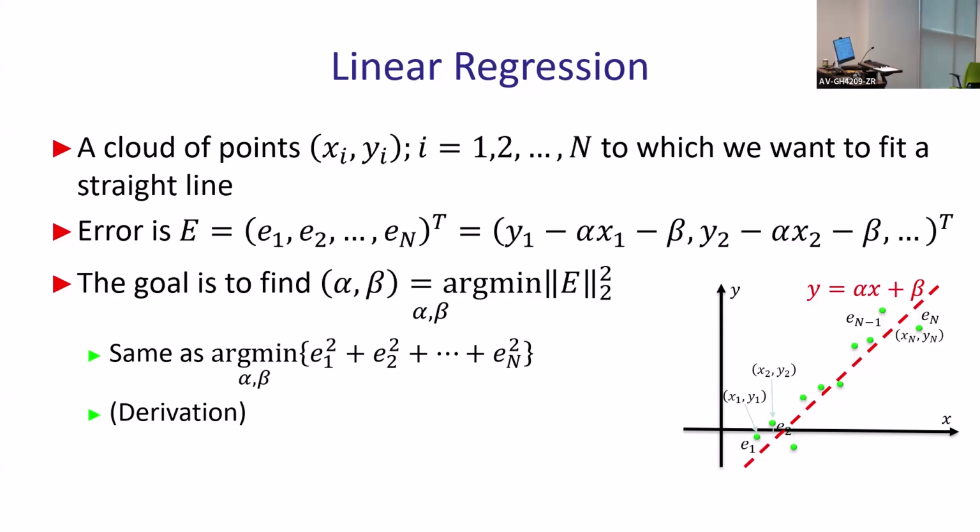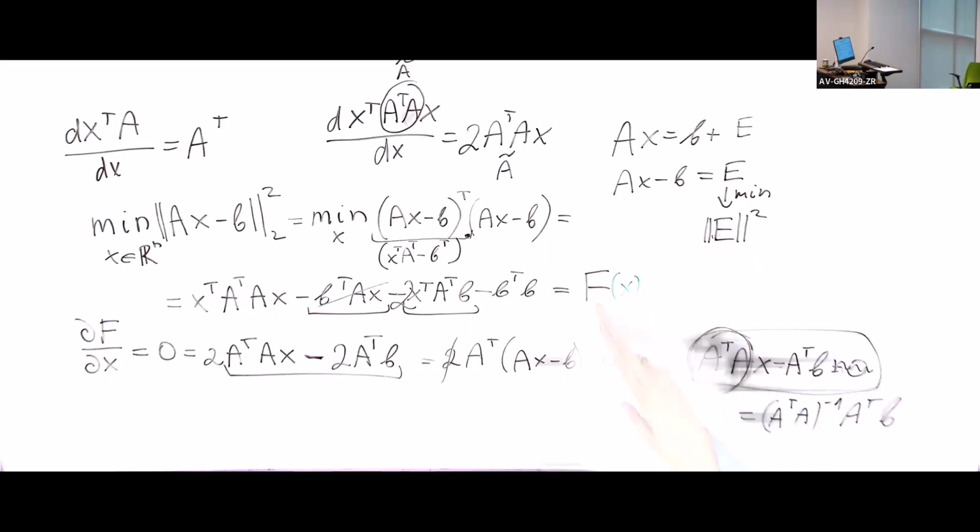Okay. F of x. So you're looking for that type of thing. How do you find the minimum of that function? Any function. Think about a one-dimensional function, where x is just a variable.